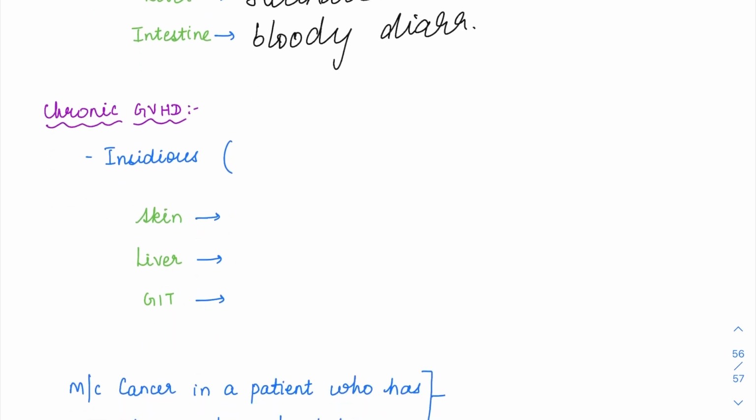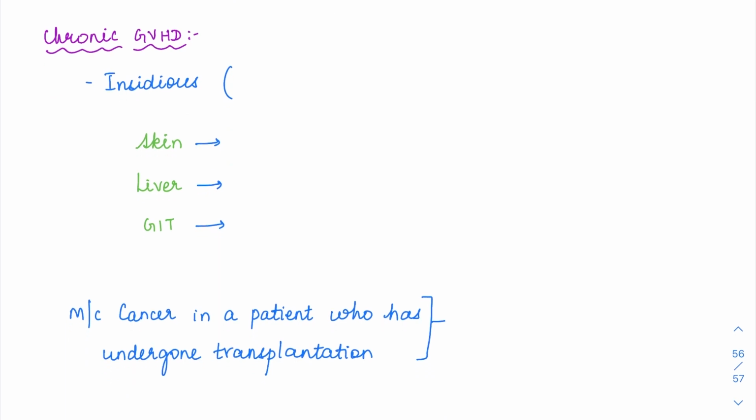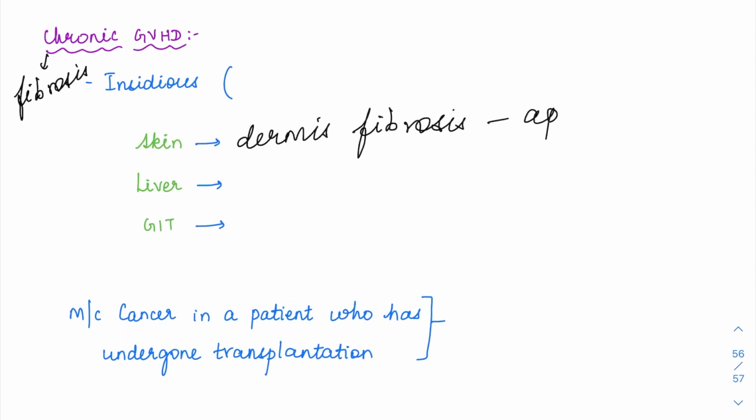While chronic GVHD is going to be of insidious onset. Here again, skin, liver and GIT are going to be affected. But in the skin, as I've already mentioned for chronic, there is going to be fibrosis, right? So you have to think about a fibrosis kind of manifestation. In the skin, the dermis is going to be completely fibrosed, and when this is fibrosed, the dermal appendages will be destroyed.